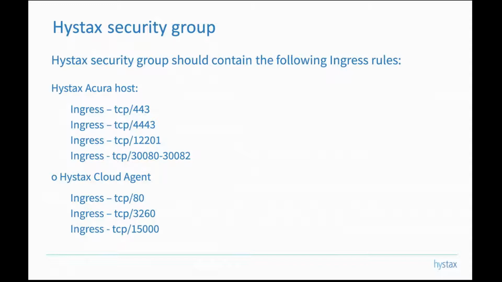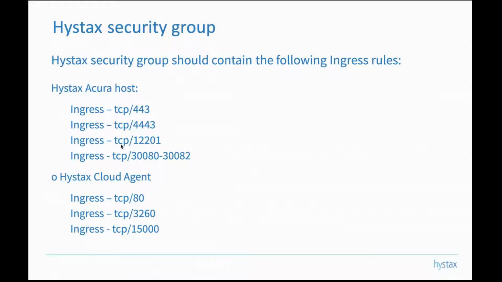The replication agents, while they are talking to Acra, also use port 443. Port 4443 is used for the initial configuration only, and once the initial configuration of the cluster is done, this port is closed and will not be available later.